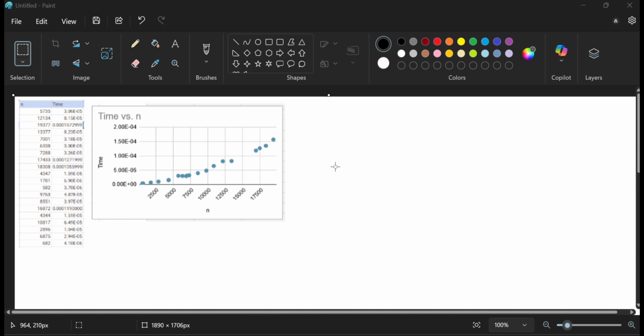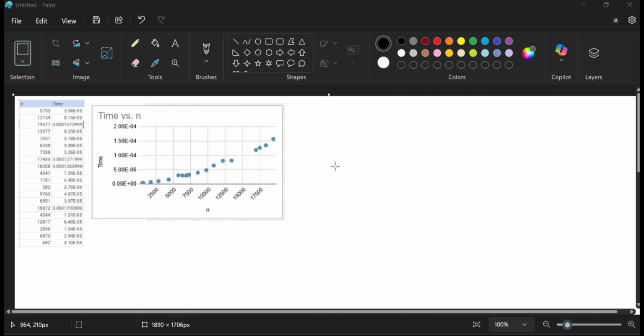Okay, so for problem number 4, the first algorithm I used was fast doubling. It used recursion, and I calculated its time, and it was big O notation of log n. It is pretty fast. It is not linear.